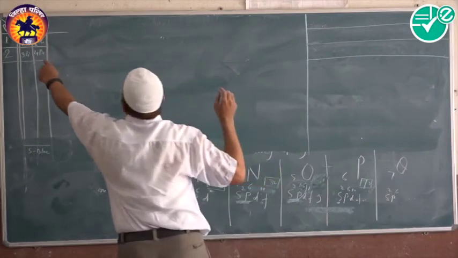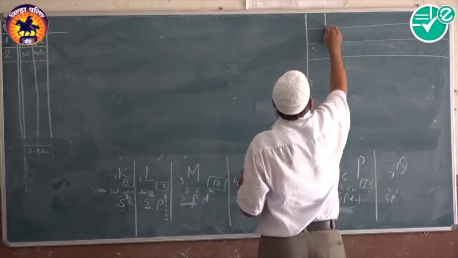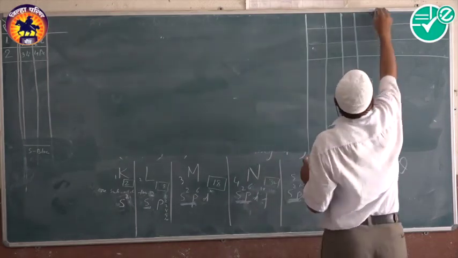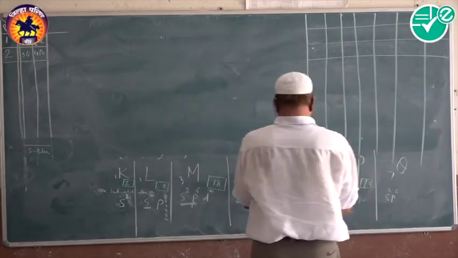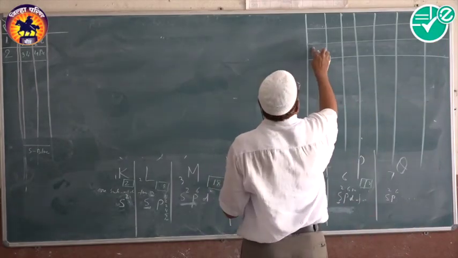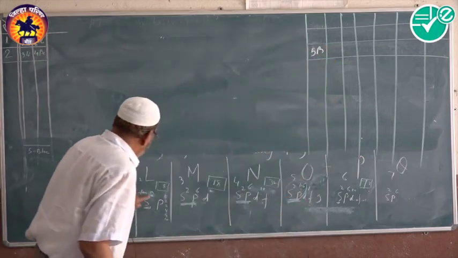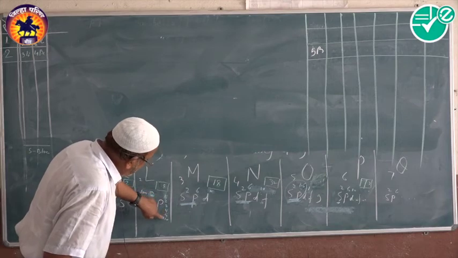Okay, 1, 2, 3, 4, 5 and 6. Number 5, boron. See, 4, 5, 6, 7, 8, 9, 10.